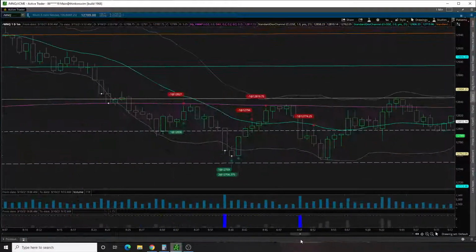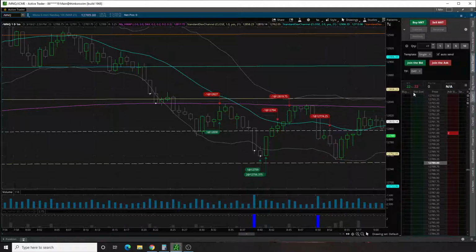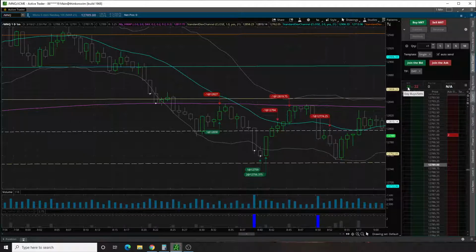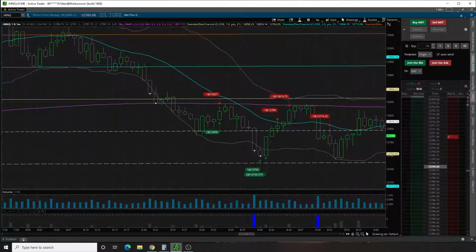So scroll back here. Let's look at the trades today because it hasn't been closed out. So 22 trades in, 22 trades out. Look at the P&L on this. Oh, it already did get reset. It resets after 4 p.m. Eastern Standard Time.